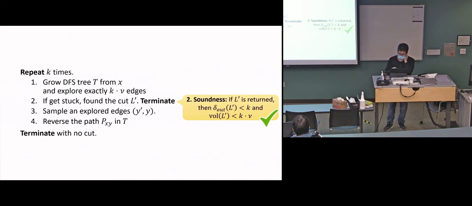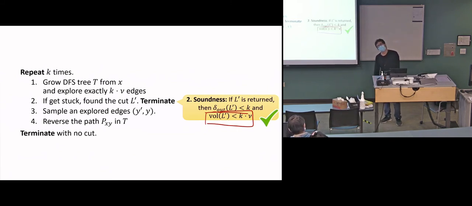And also, why is the volume of L prime less than k nu? Like, we explore this many edges.